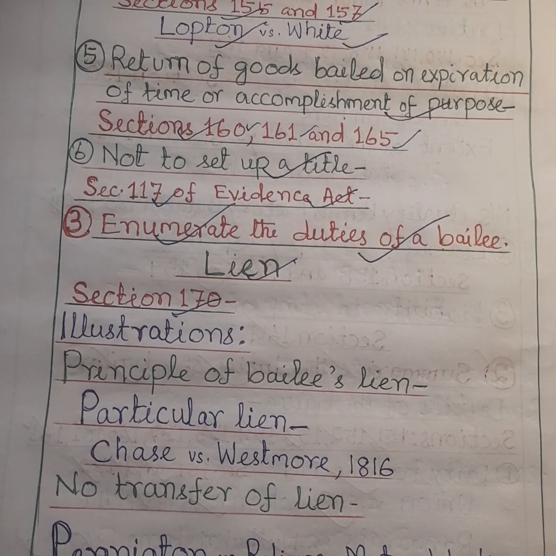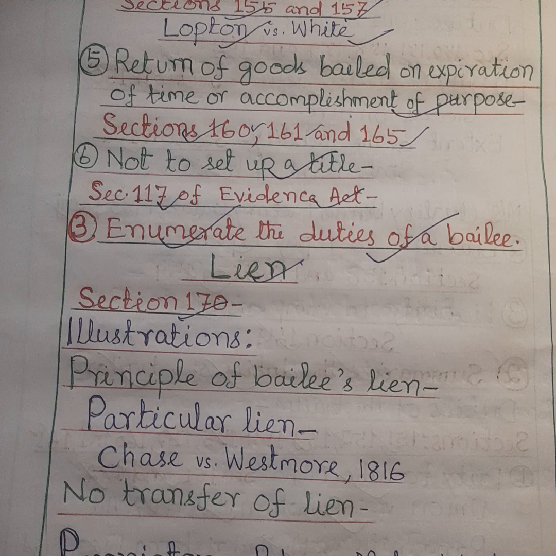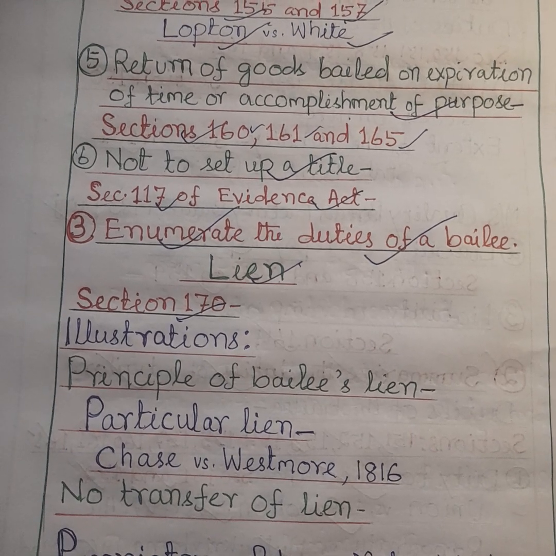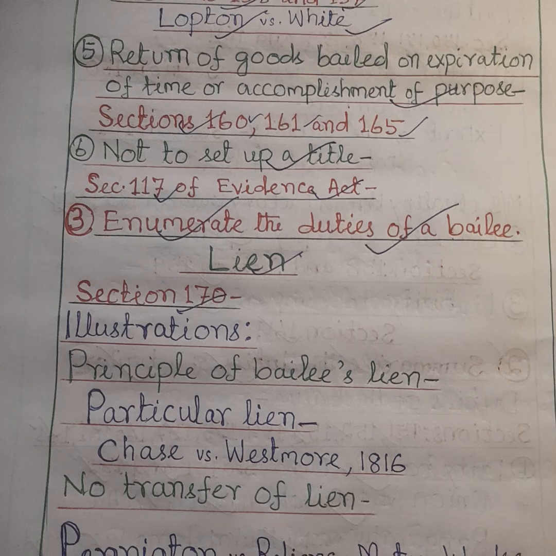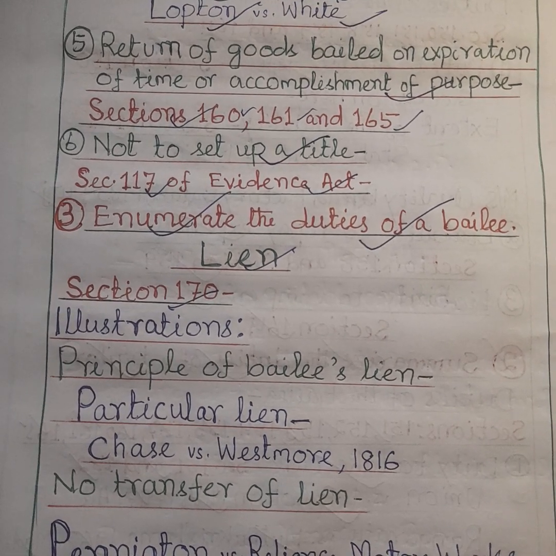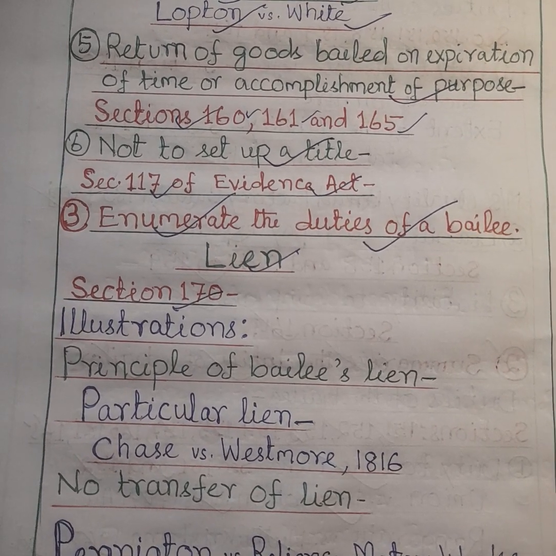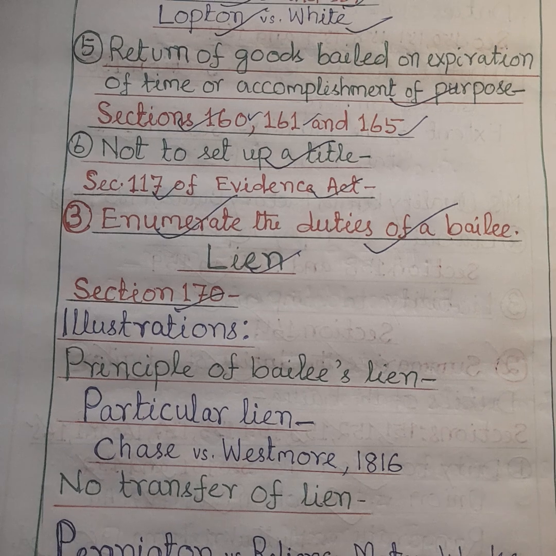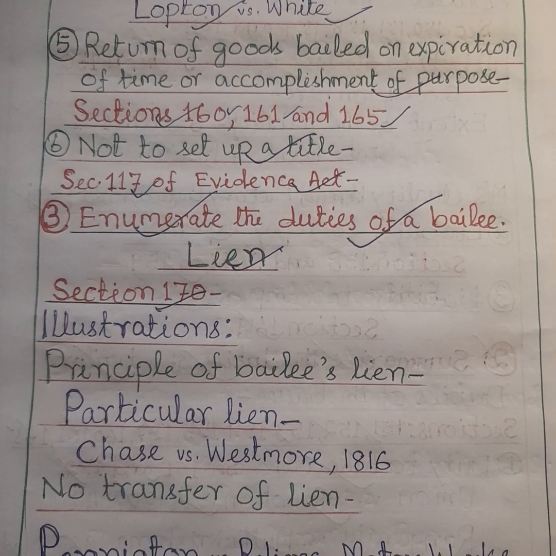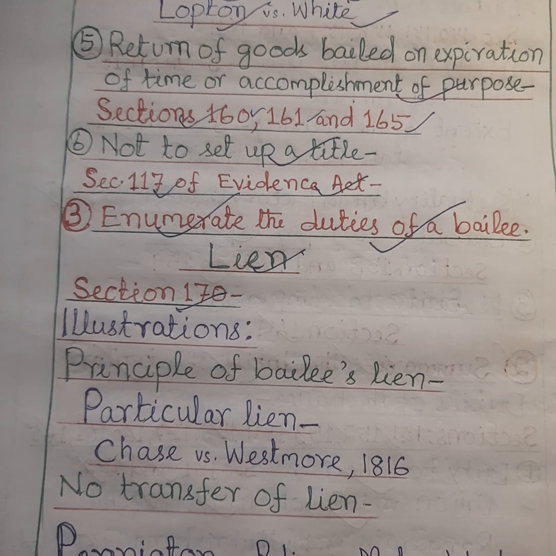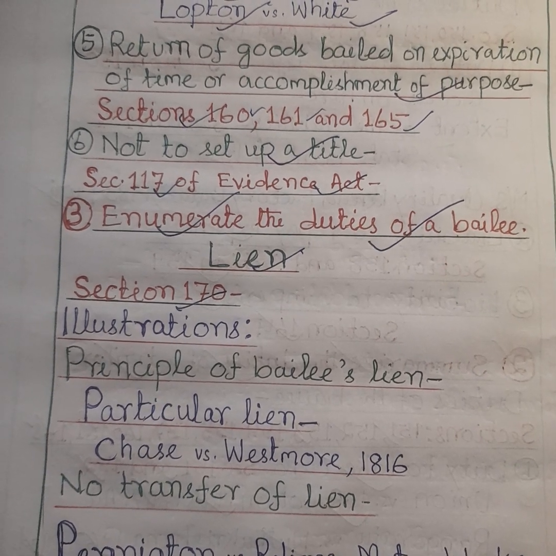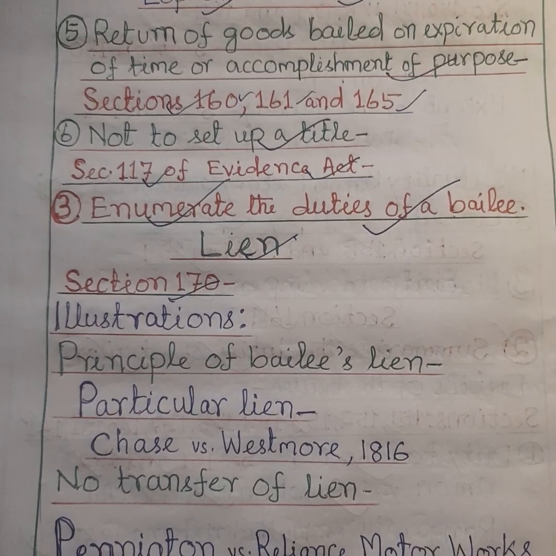So lien is a right in one person to retain or to refuse to deliver property which is in his possession and which belongs to another until the other has discharged a legal obligation to the former.